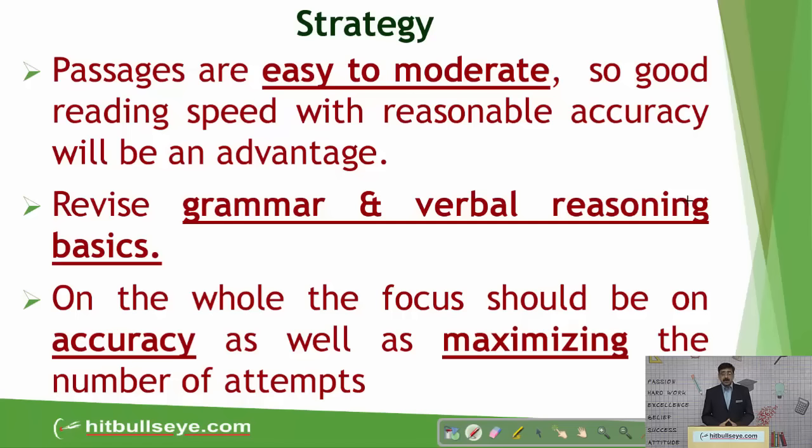Very important to revise grammar fundamentals, and in a nutshell you need to maximize your attempts overall and in the verbal section also, and primarily you should have reasonable accuracy, especially in the verbal section, 70 to 80%.